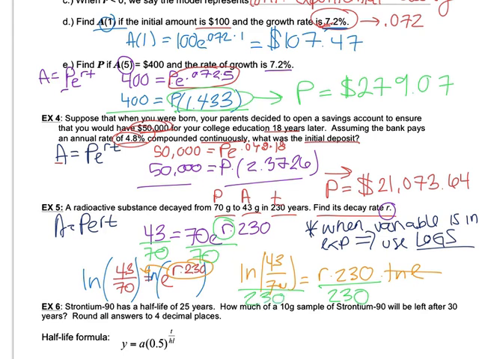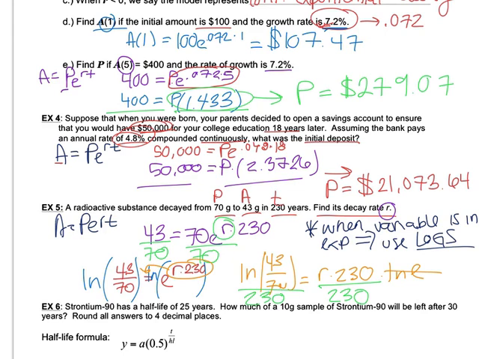So you're going to type this whole thing in. I would type in natural log of 43 over 70 first. So natural log of 43 divided by 70. You'll get a negative decimal, and then divide that by 230. And I get an even smaller negative decimal.